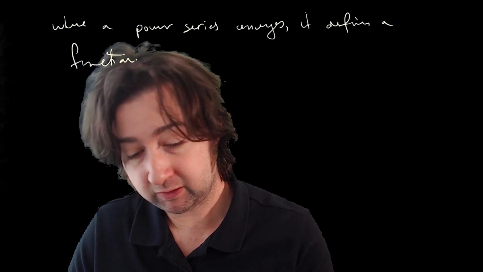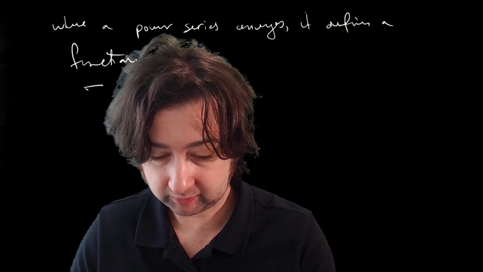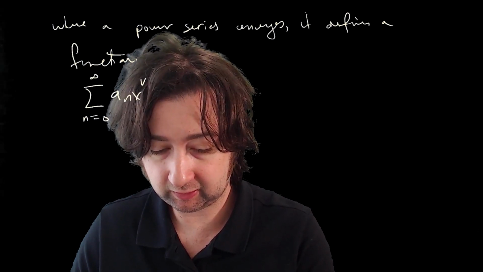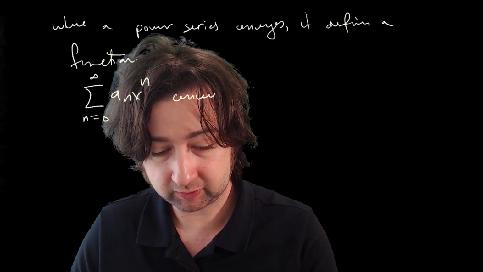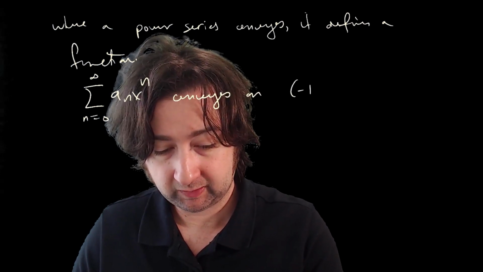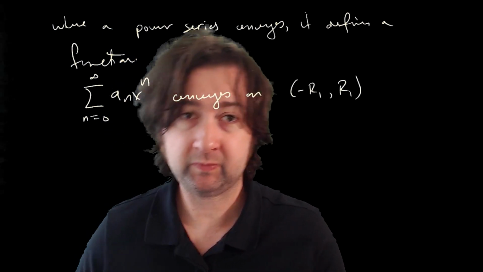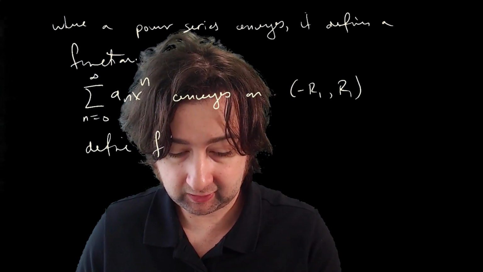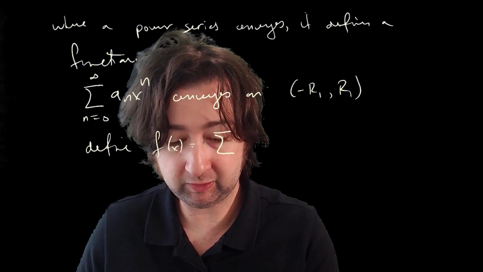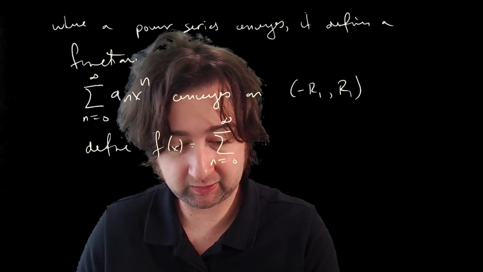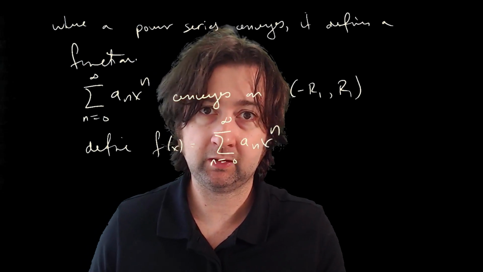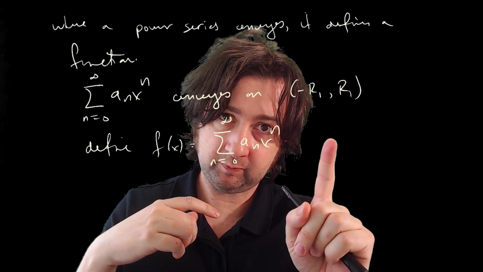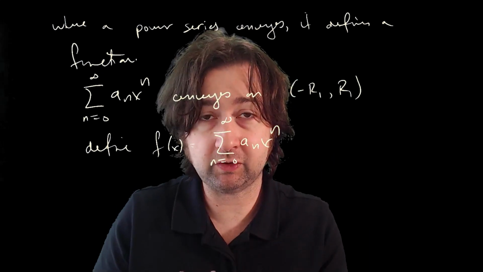So if I know that the sum from n equals 0 to infinity of a_n x to the n converges on -r1 to r1, then I can define a function by f of x is equal to the sum from n equals 0 to infinity of a_n x to the n. It makes sense in that case, since everywhere on this interval, I can put x into the power series.